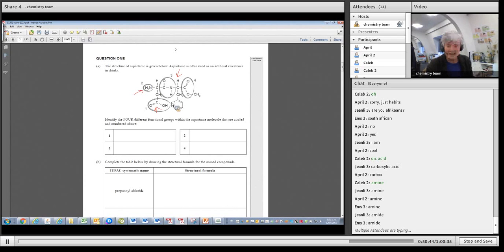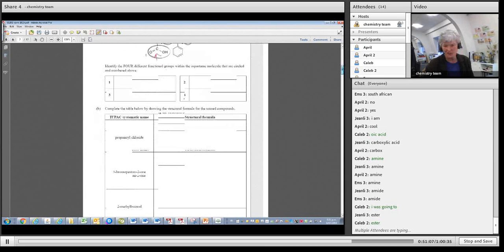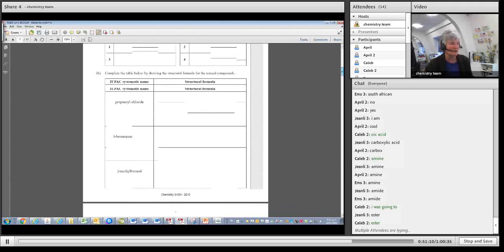It's a secondary amide. I don't know if they would accept it if you said peptide link. They may have, because it is also a peptide link, but as a functional group, it's still an amide. And then what is this one over here? That's an ester.